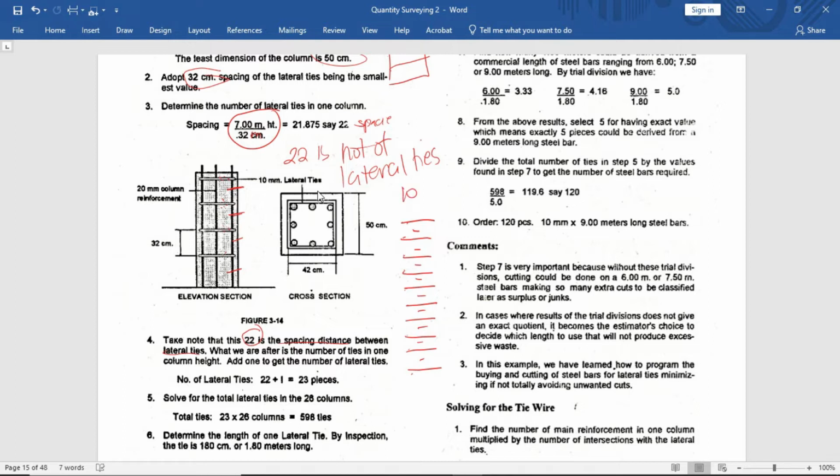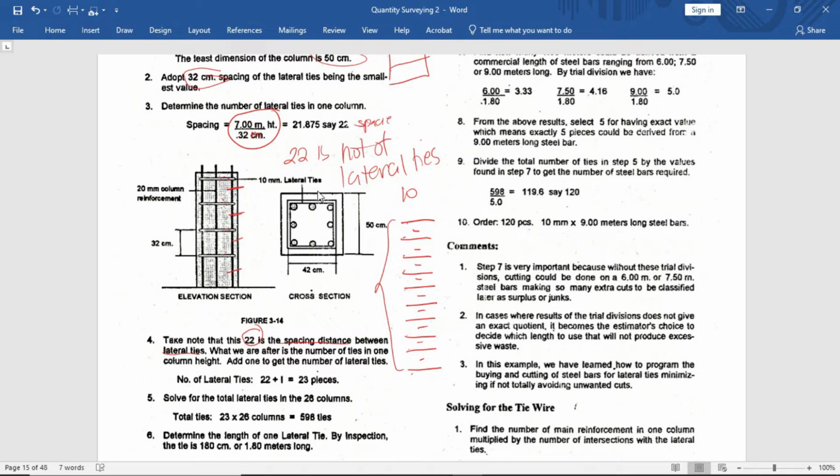Ngayon, pag masyadong madami na yung lateral ties natin at hindi natin siya mabilang by direct counting, ang gagawin lang natin, magkuplas lang tayo ng 1 sa spacing distance. So, yun yung point ko doon na gusto kong iyan sa inyo. Na ito yung nako-compute natin pag ginamit natin yung spacing ng lateral ties, so hindi yun yung number ng lateral ties.